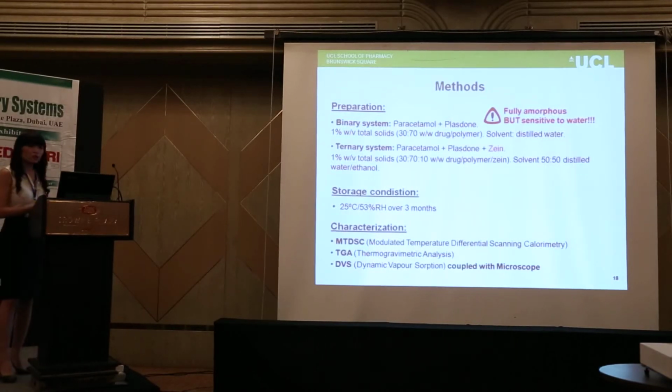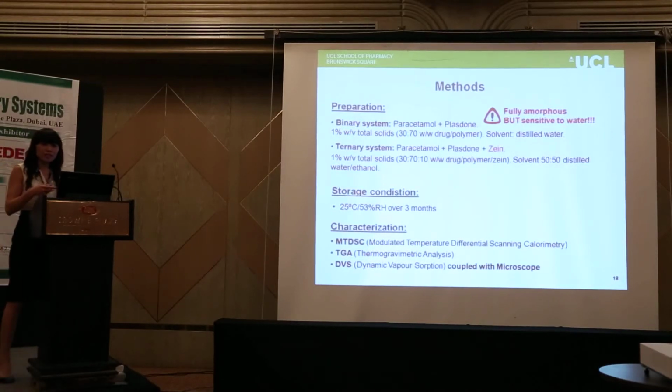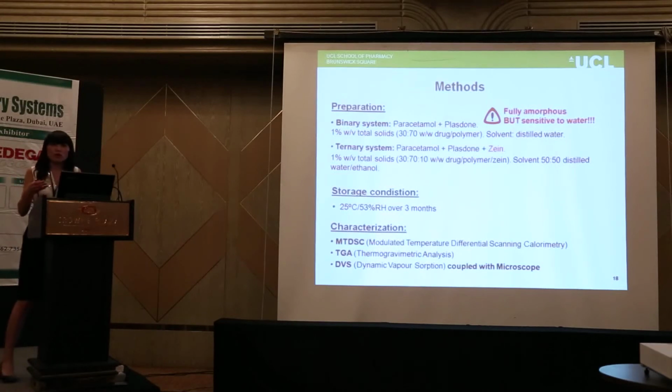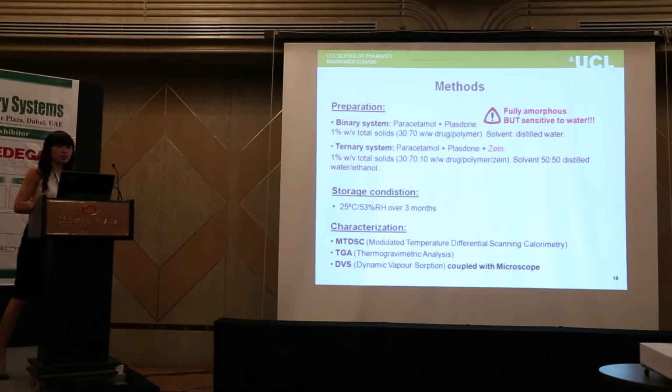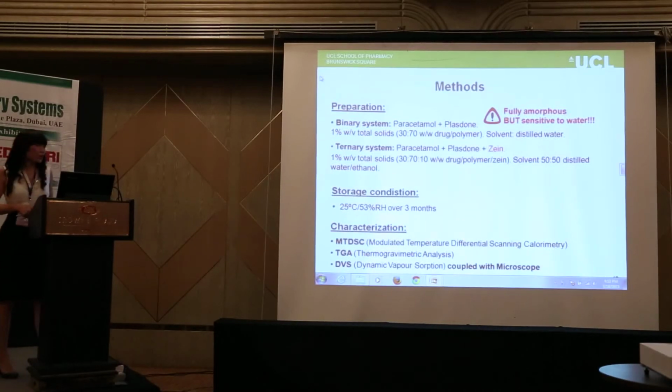So we try to incorporate Zhao into this system to see whether, after incorporating, the system improves a lot in terms of water uptake. We produced the binary system and the ternary system using spray drying, and then we stored these two systems under the same storage conditions, 25 degrees, 50% RH, for over 3 months.